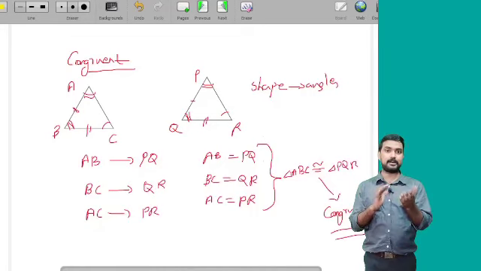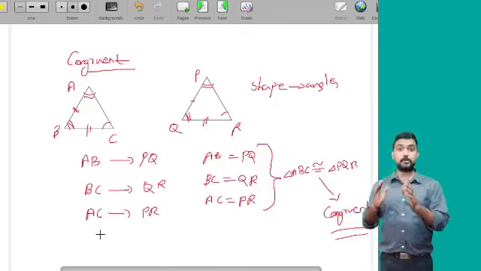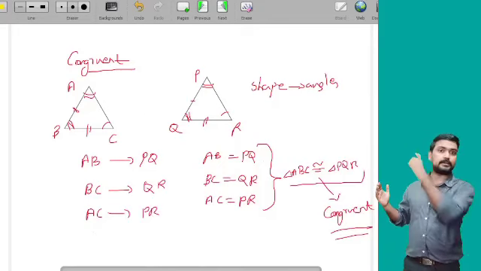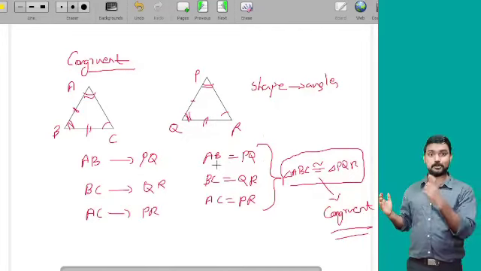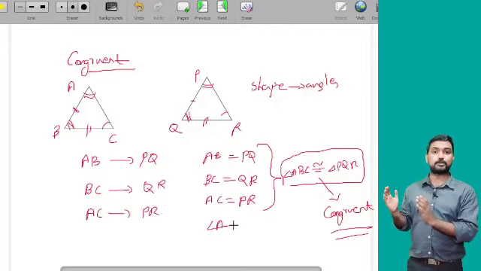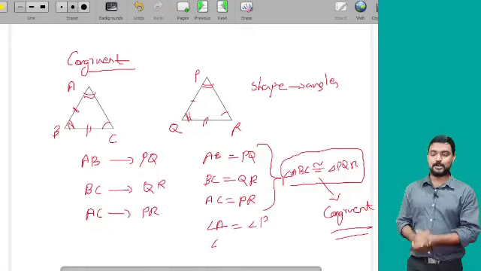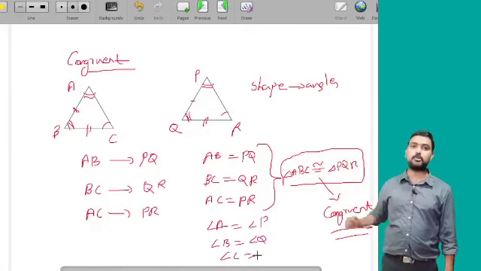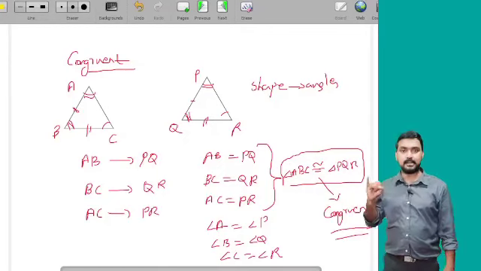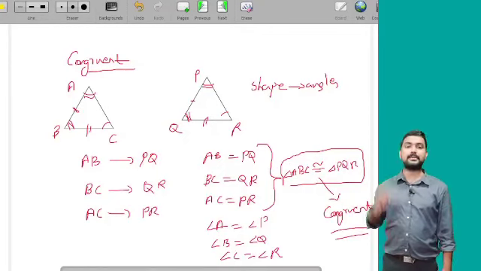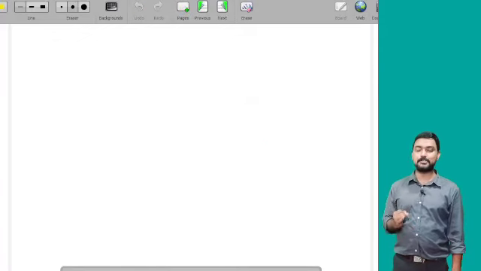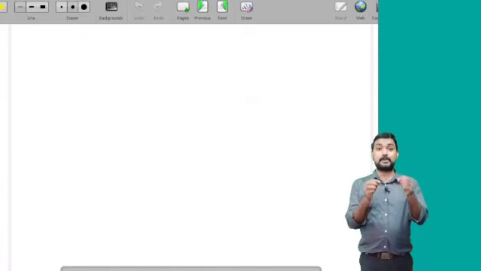We will not compare any other parts. So if two persons are identical, we compare their head to head. This is known as comparison based on their corresponding parts. So here triangle ABC is congruent to triangle PQR, meaning their sides are equal and their angles are equal, corresponding parts. So my dear students, now we studied the basics of triangles.